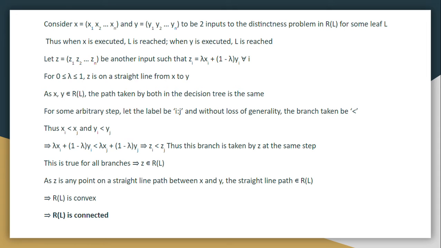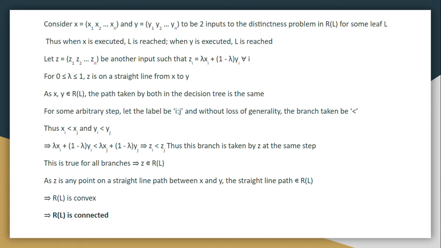This implies that zi is less than zj for all ij, because that's how z is defined, and thus this branch is taken by z at the exact same step in the decision tree. Now, this can be proved for all the branches. This will be true for all the branches. Thus, Z will also belong to RL, as it follows the exact same path which x and y take and reach L.